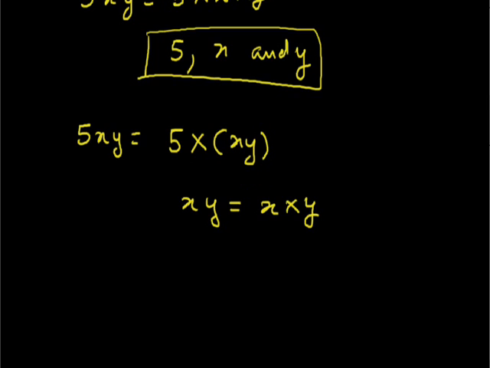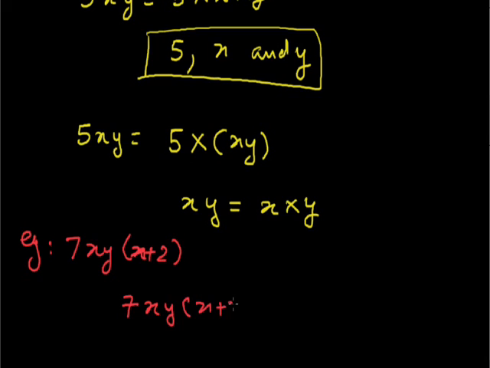Let us take another example. 7xy into (x plus 2). To find the factors of 7xy (x plus 2), I can write 7xy (x plus 2) as 7 into x into y into (x plus 2).